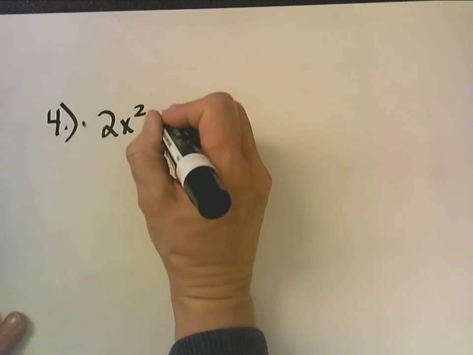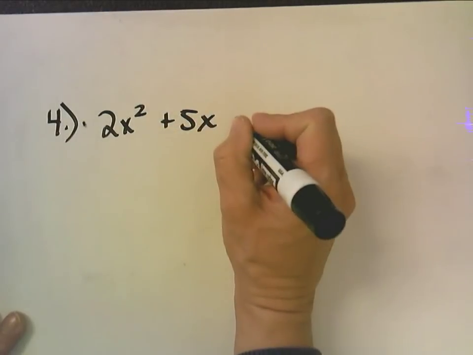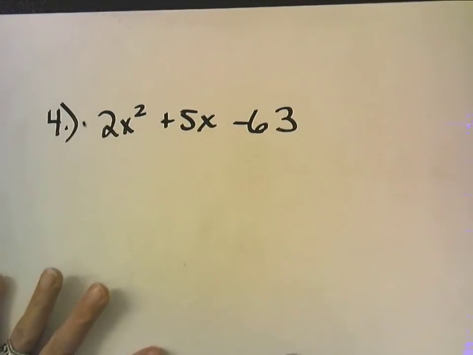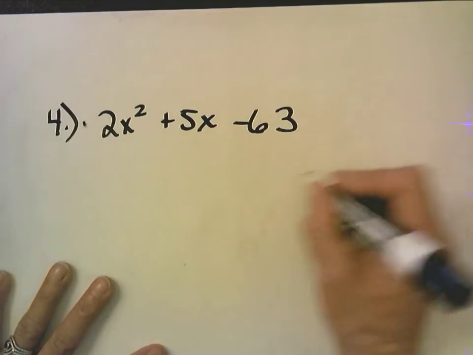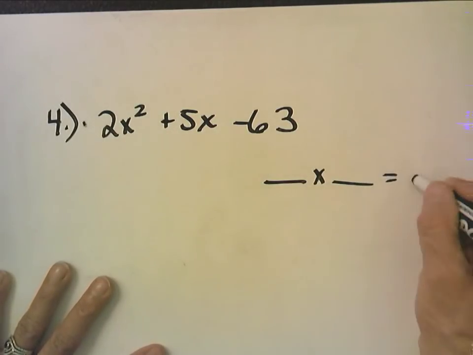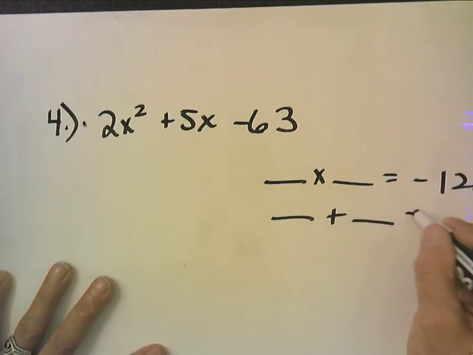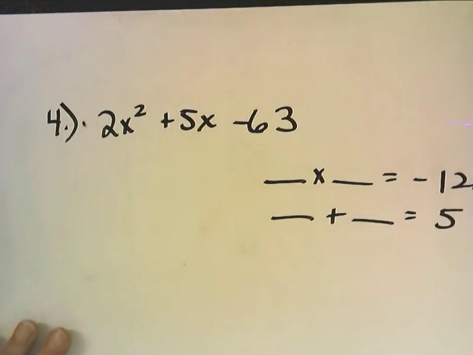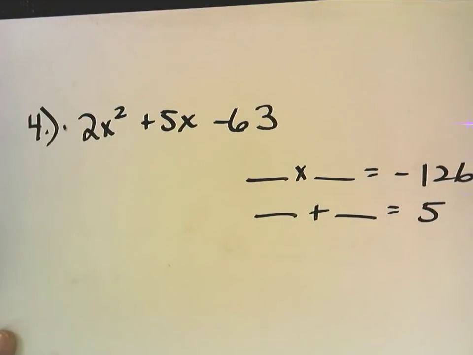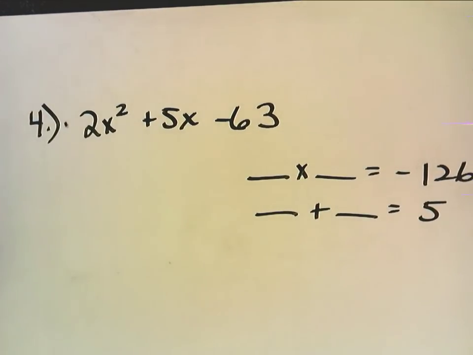2x squared plus 5x minus 63. So now we're getting into some big numbers here. So two numbers that multiply to negative 126, but add up to 5. So this is harder, and definitely harder to just do in your head and come up with the numbers.